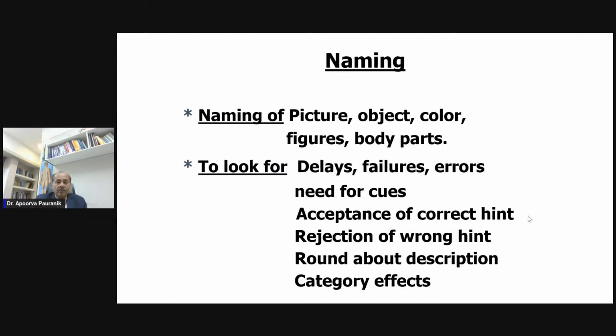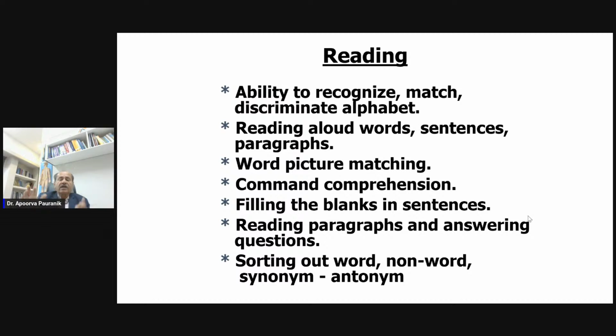That becomes a cue. Or we will give him the wrong answer and see whether he is able to reject the wrong answer, and finally we will give him the correct answer and see whether he is able to accept the correct answer or not. All these things in the assessment of aphasia are equally helpful in the later therapy also, because the therapy is guided by the deficits in the assessment.